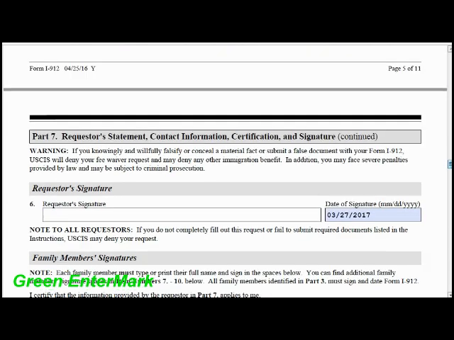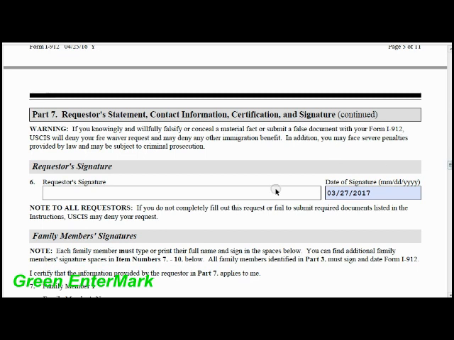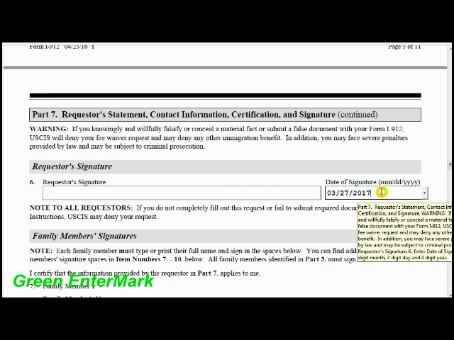Then on the requester signature line, I sign and give the date of signing.